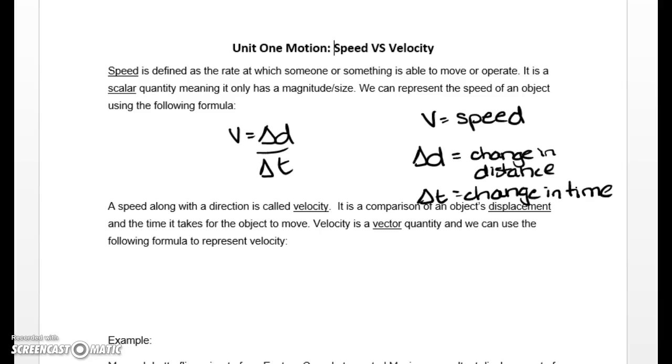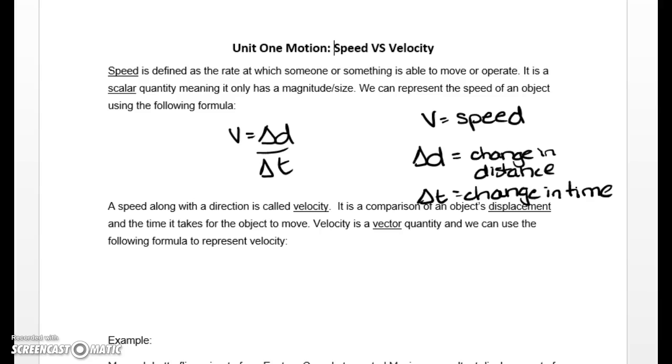Velocity, on the other hand, is very similar to speed, except for the fact that it has a direction attached to its units. It's a comparison of your object's displacement, which is looking at the change in position, to the time for that object to move. So we're looking at the rate at which someone's able to move in terms of its displacement.